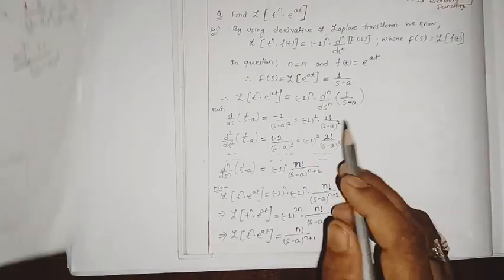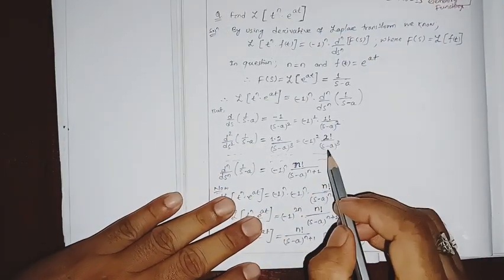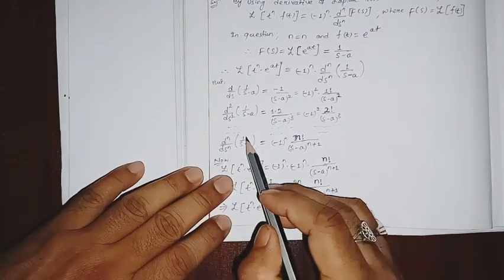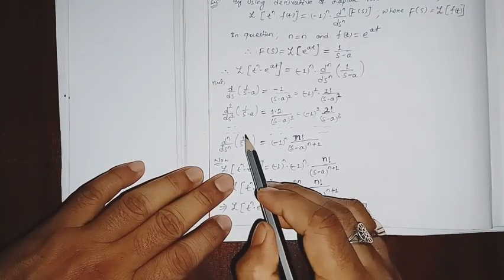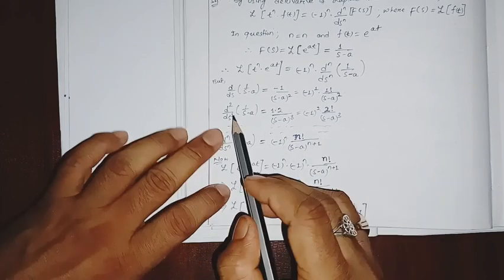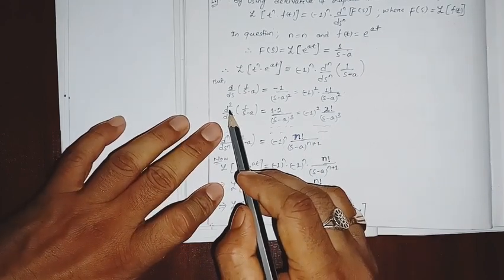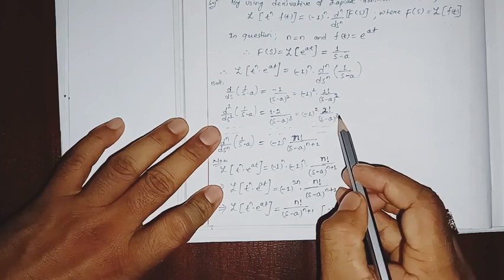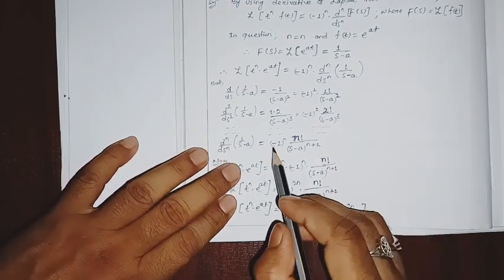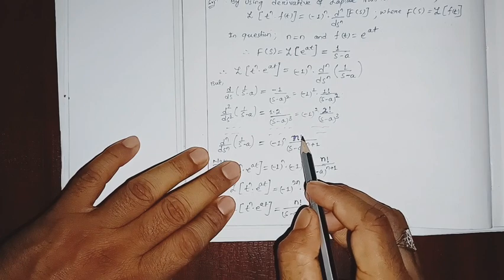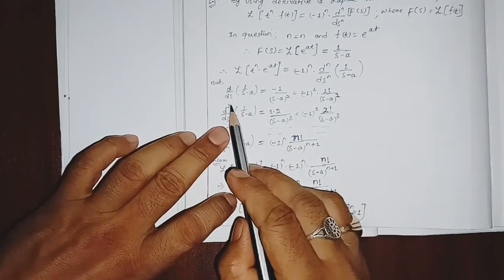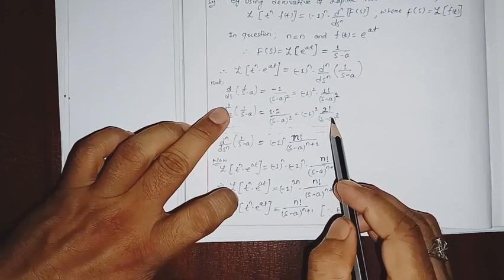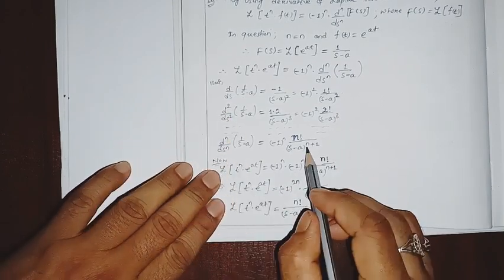Likewise, the nth derivative of 1 by s minus a: the second derivative is minus 1 to the 2 factorial by s minus a to the power 3. Likewise, the nth derivative will be minus 1 to the n, n factorial by s minus a to the power n plus 1. Here, the second derivative has s minus a to the 3, that means 2 plus 1, so the nth derivative will have n plus 1.